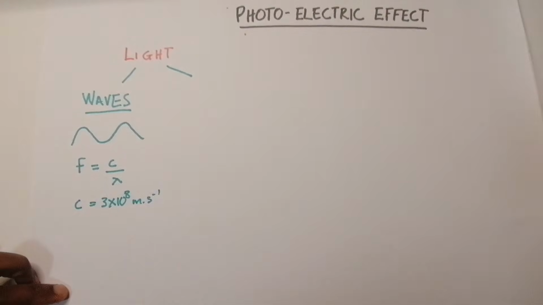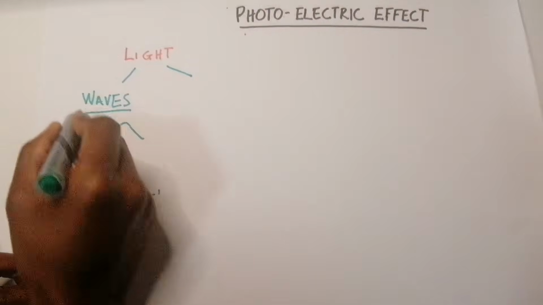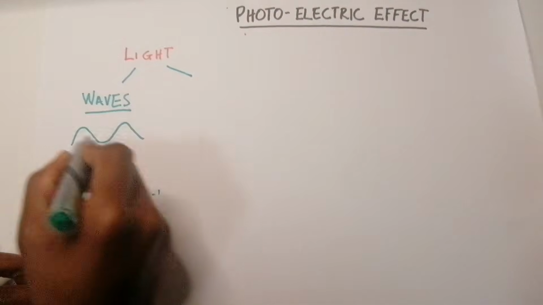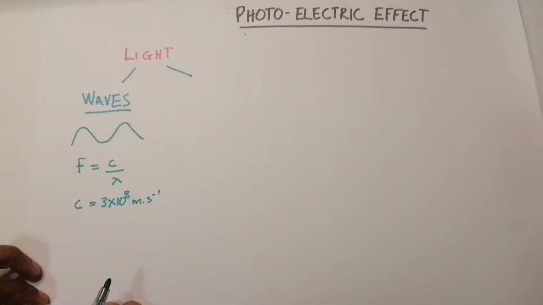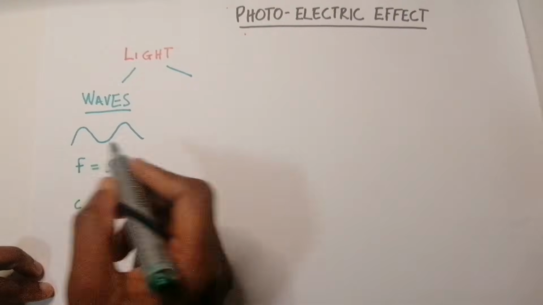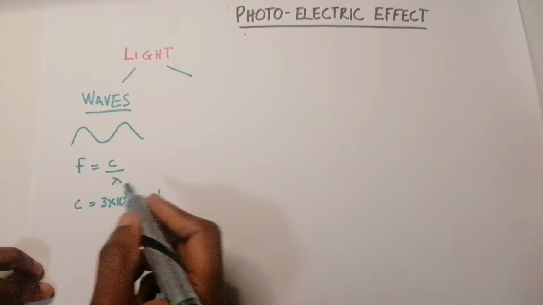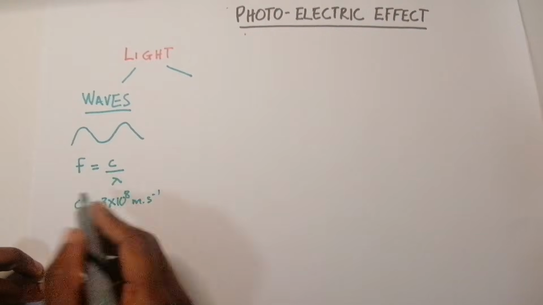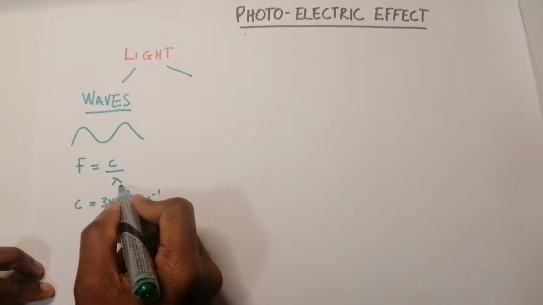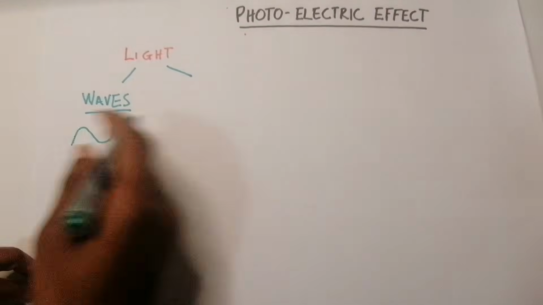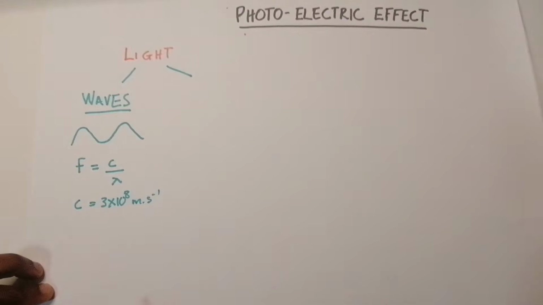Now we know that light can behave as a wave. That's the wave nature of light. When we relate the properties of light in terms of a wave, we can talk about frequency and wavelength. What does this have to do with anything?